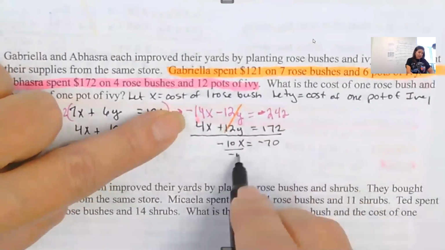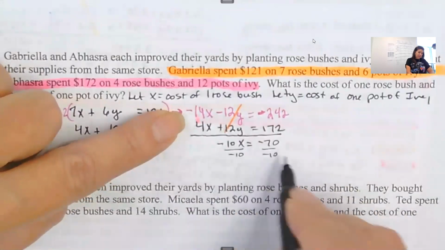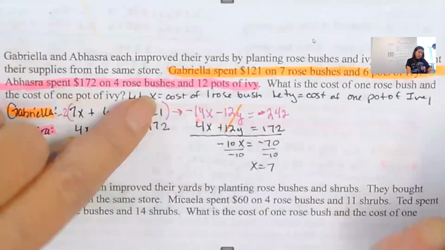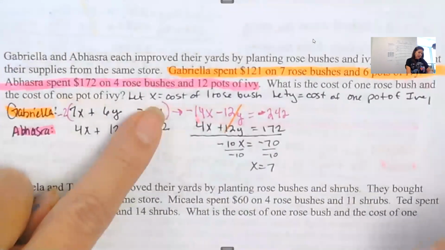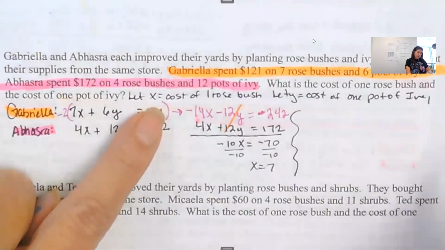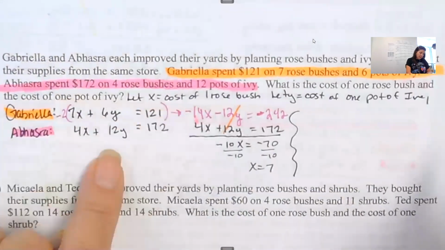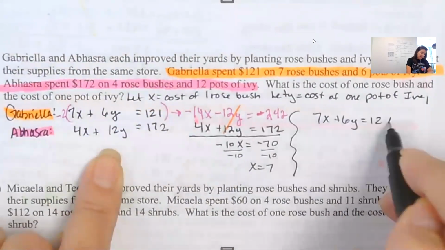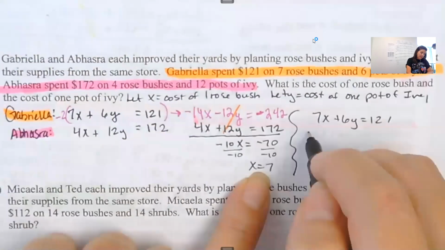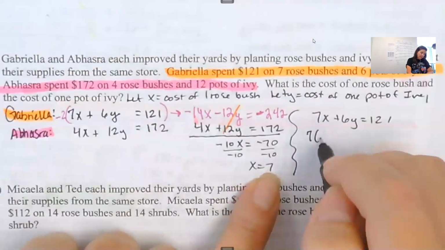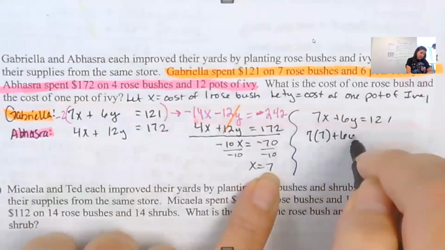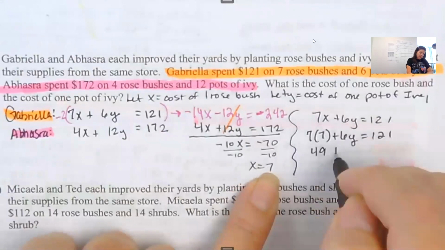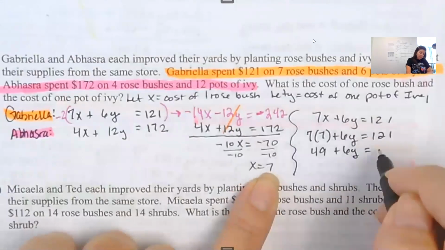Divide by negative 10. X equals 7. So I know 1 rose bush costs $7. To find the cost of 1 pot of ivy, I will substitute that back into either original equation. I'll go with the top one. I found what X is equal to, so I will substitute 7 in for X. So that's 49 plus 6y equals 121.